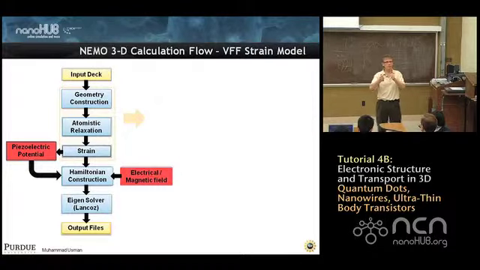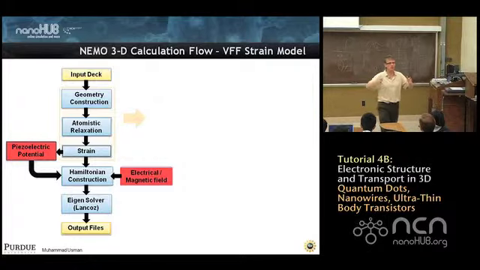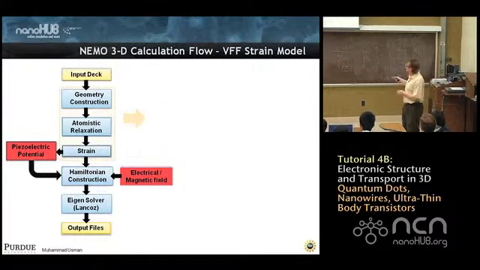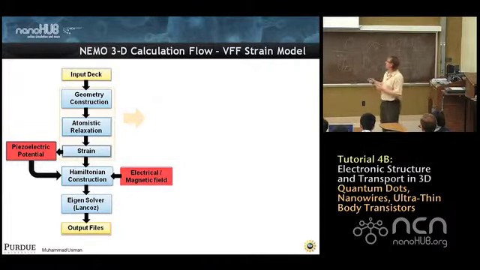Because some materials like to be on a different lattice constant than others, and they sort of fight with each other and push left and push right, and we let them do that, like a classical system, until they have sort of their equilibrium resting place. And then we lock them in place, and we can compute strain tensors, which we might use for piezoelectric potentials, that then feed in, and the atomic positions then feed into the Hamiltonian construction. That is sort of the Schrödinger equation, so to speak, in tight binding with the atom positions locked in place. And then we calculate the eigenstates of that Schrödinger equation, and we dump out data.